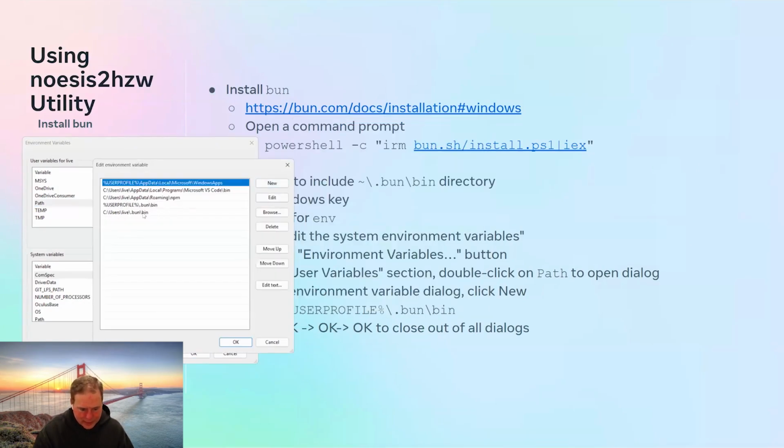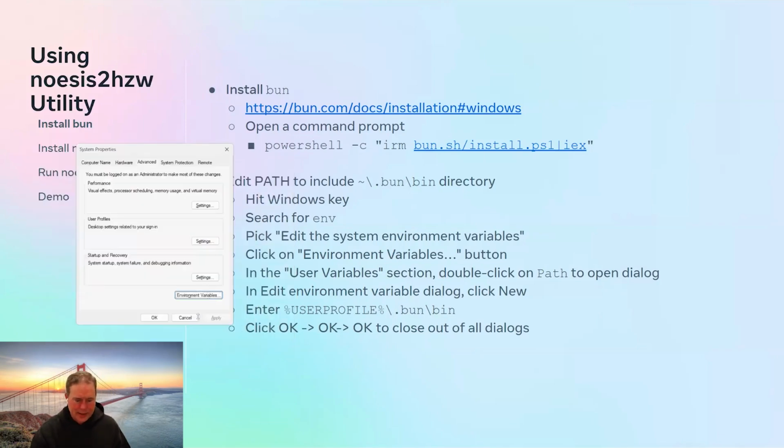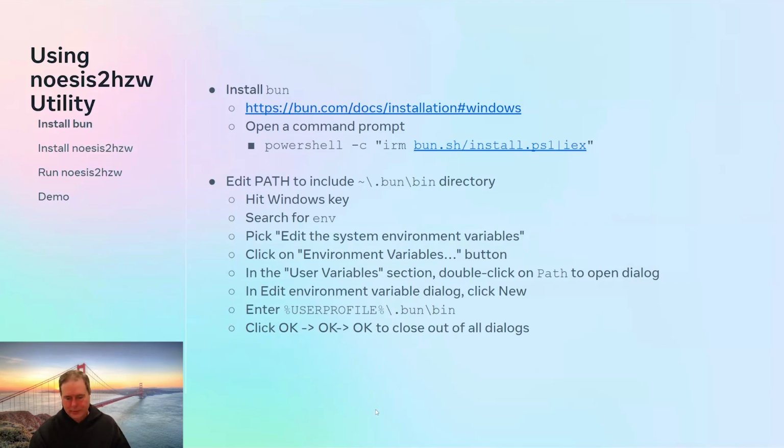You click on New, and you just need to add this line right here, .bun/bin. Then you just click OK and save out all that stuff, and that will have configured your machine to be able to run Bun and then be able to run the Noesis to Horizon Worlds utility.